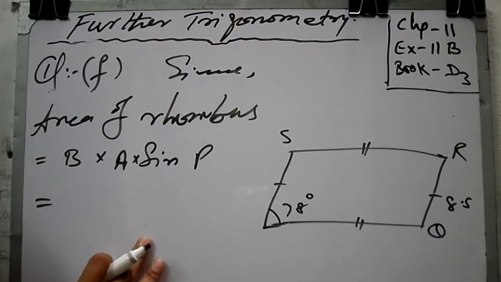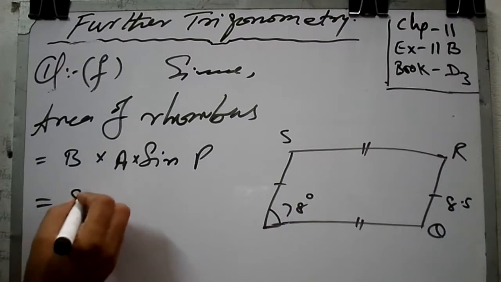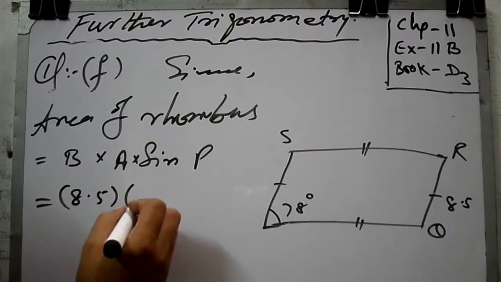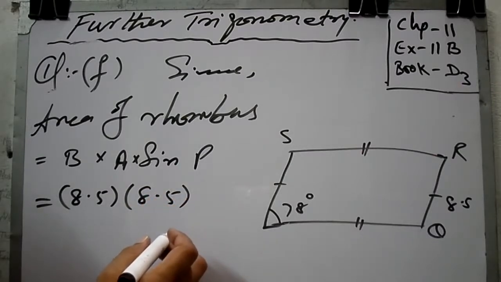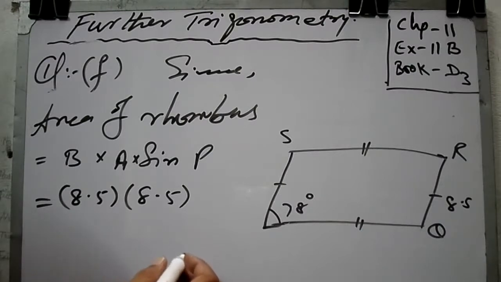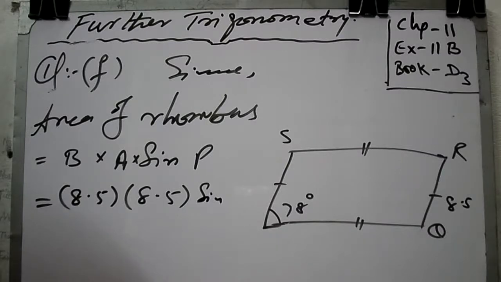So putting the values, that is your 8.5, the value of altitude is also 8.5, and what is the value of this? It is a rhombus, so it has equal sides, so into sine P. What is the value of P?